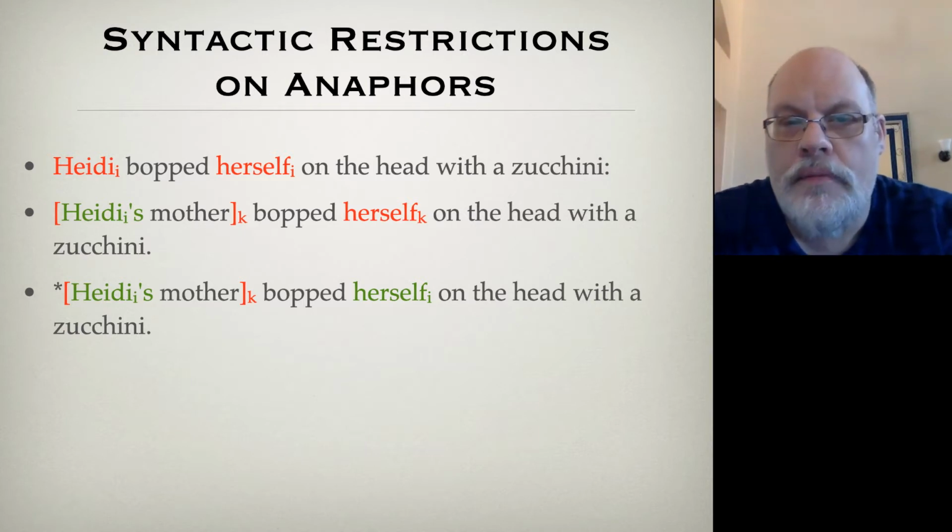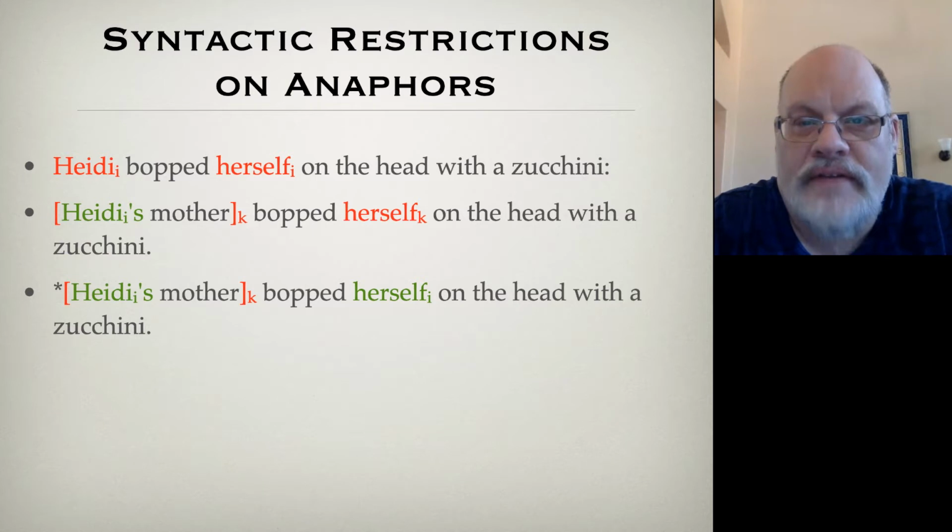So precedence is not sufficient, because if it was, then the third interpretation of the sentence should be fine. Right? This last sentence with this indexing should be all right, but it's not. Only the indexation where it's Heidi's mother, the k index, is acceptable.